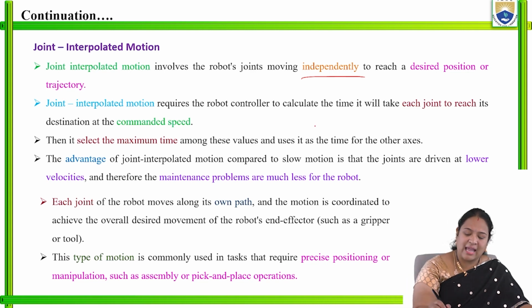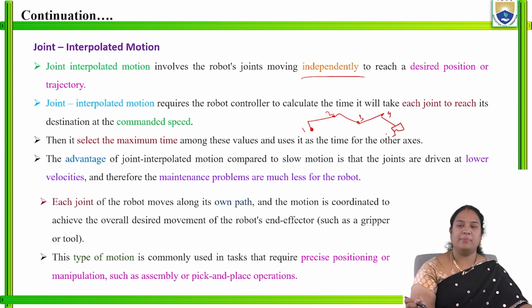That is, the calculation of the robot takes place. Here we have one joint, this is the second joint, third, fourth, and the end effector, for example. From one joint to the other joint, the motion of the robot manipulator is done independently.